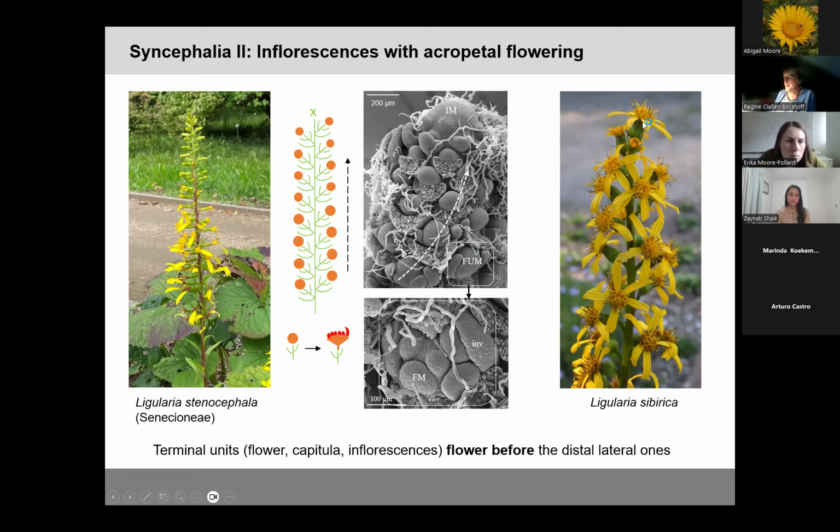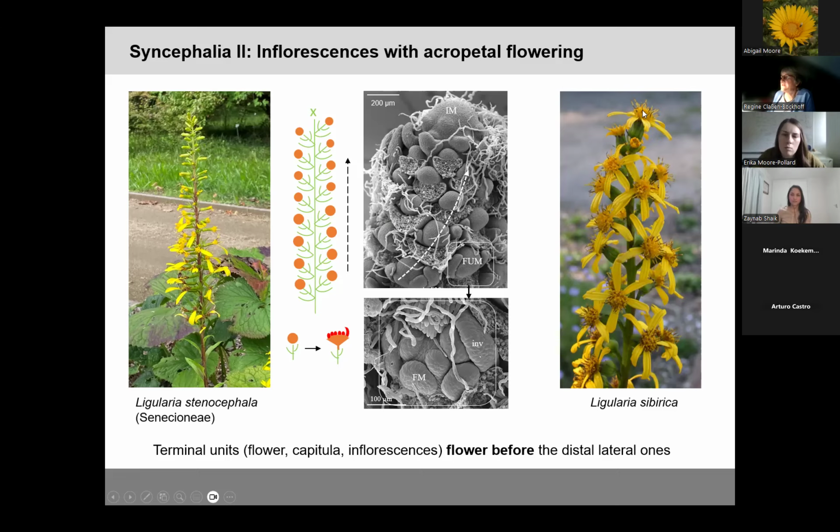Within the genus, we have one species, Ligularia sibirica, which has a terminal capitulum. And you can see that the flowering sequence, the development sequence, is acropetal, but the terminal unit is larger and promoted compared to the distal ones. So the terminal capitulum belongs to the main axis, whereas the lateral capitula belong to branches of first order.